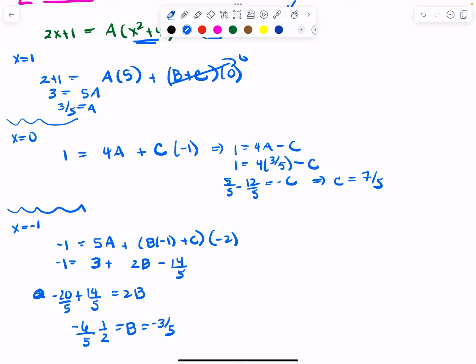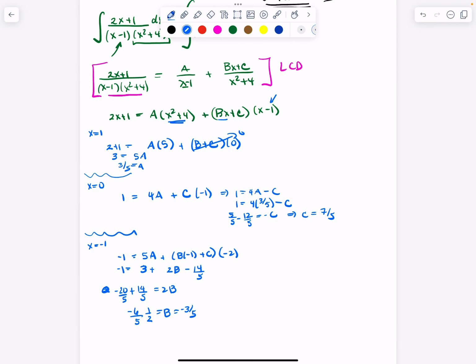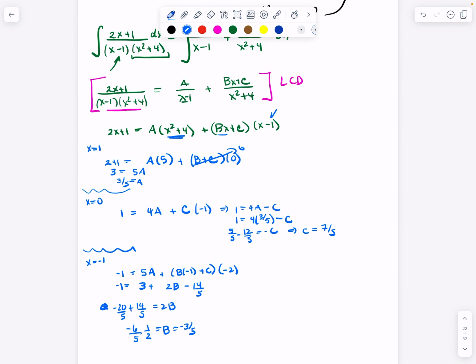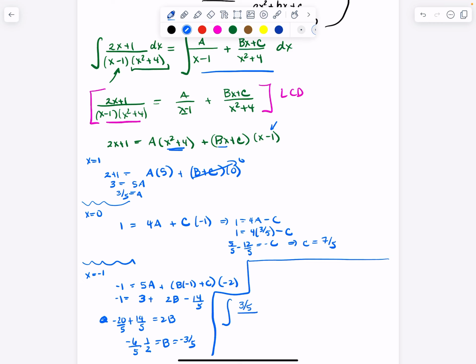Okay, so now let's go back to the integral that we were trying to solve originally. So let me try to write it down here. It became this expression, right? So let's see if I can make it nicer. We have the integral of a, which is 3/5 over x minus 1.